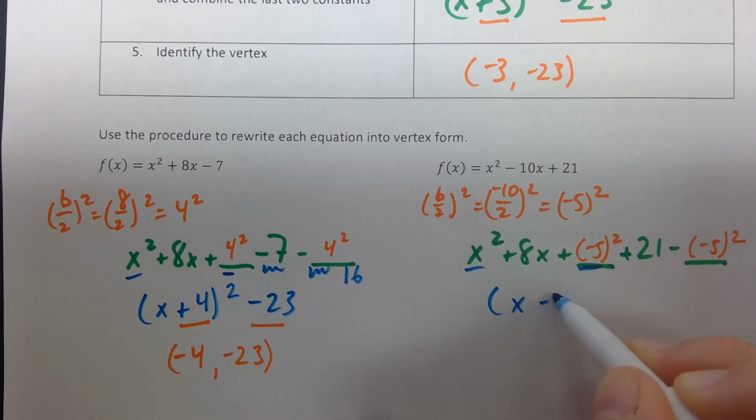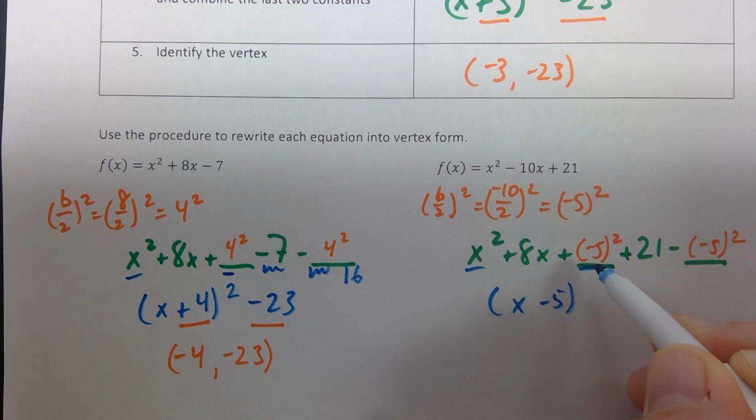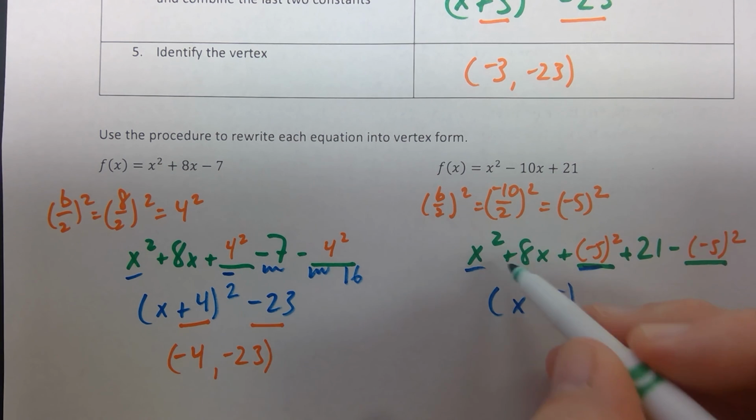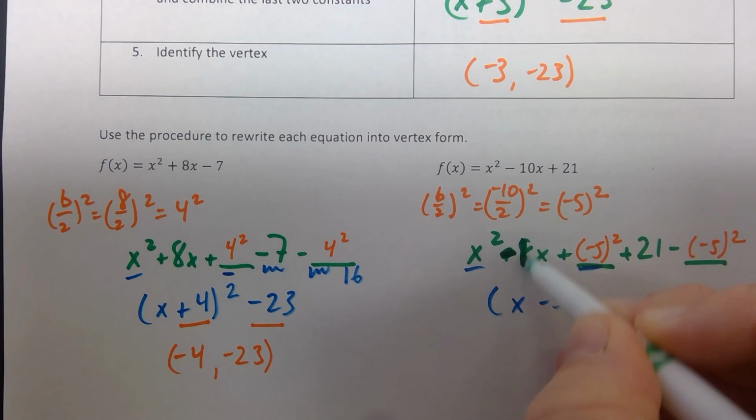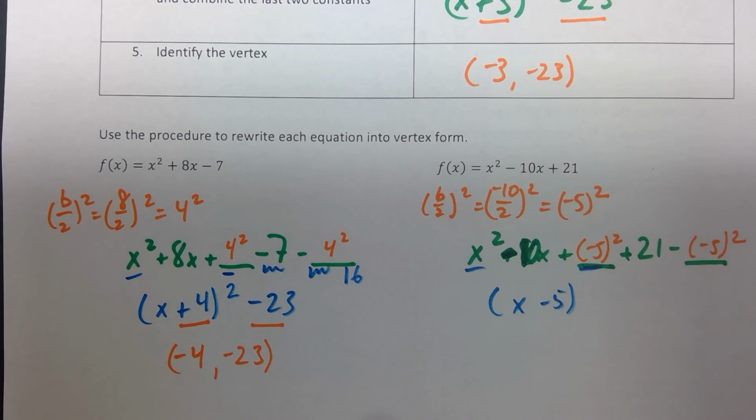I got x minus 5 minus, oh my gosh, Mr. Herman, you're mixing the two problems up. This should be minus 10. There we go. So x minus 5 squared. Let's combine our plus 21 and this one, which is going to be minus 25. So 21 minus 25 is minus 4.